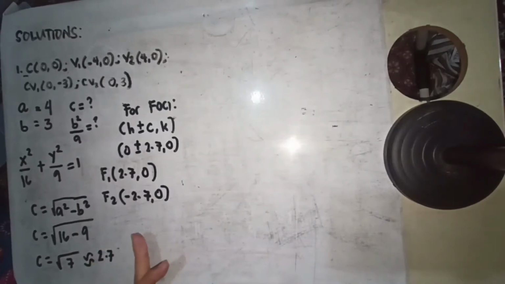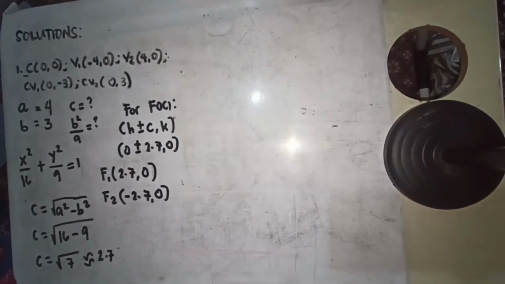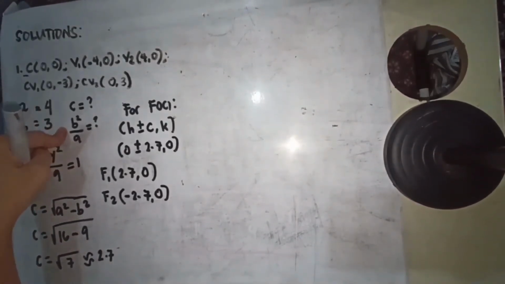Okay, so we now have the coordinates of our foci, no? Ang kulang nato is the endpoints of our latus rectum. For the endpoints of our latus rectum, pwede gamiton gihapon nato ang foci. Remember na para makuha na ang endpoint sa latus rectum, kailangan nato isolve ang distance from the focus, no?